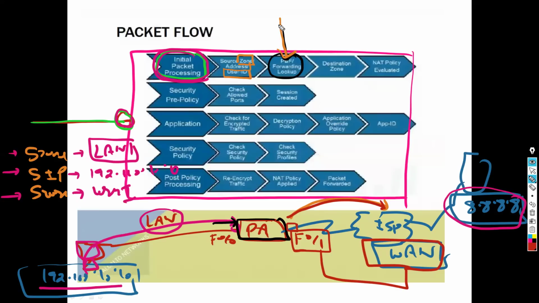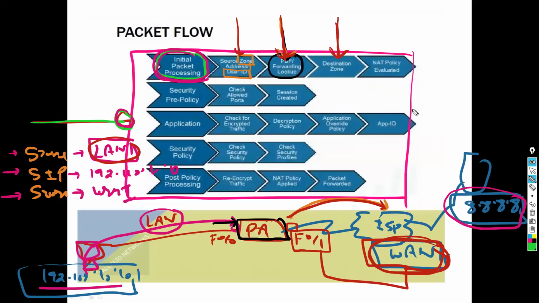So based on the routing table, the firewall can find the destination zone. What is the destination zone? WAN. Now the firewall has the information: the source zone is the LAN zone, and based on the routing table, the destination zone is the WAN zone. Traffic is trying to travel from LAN to WAN zone.